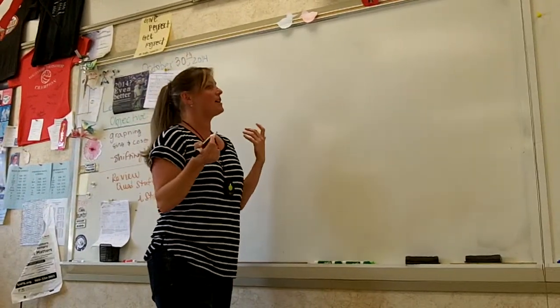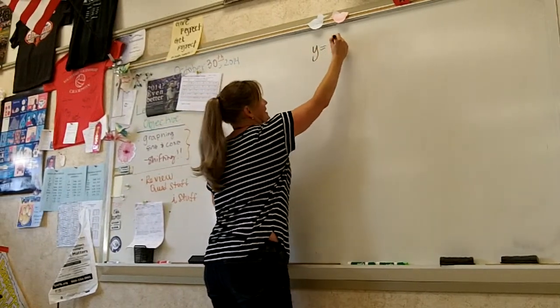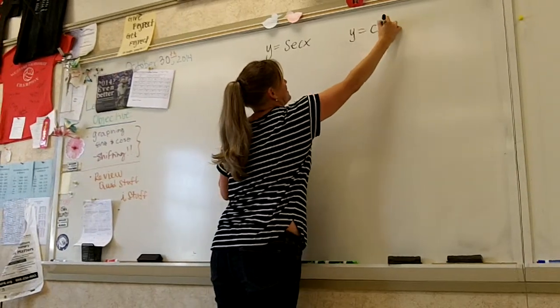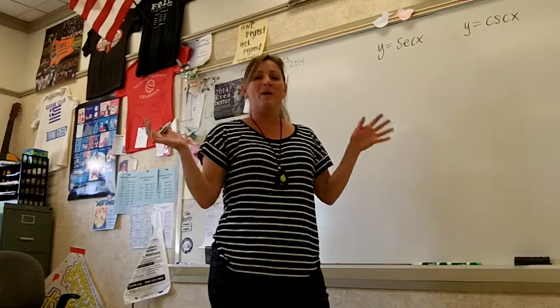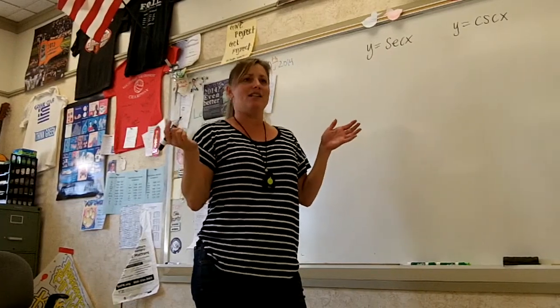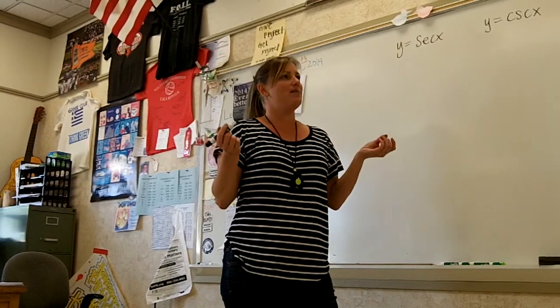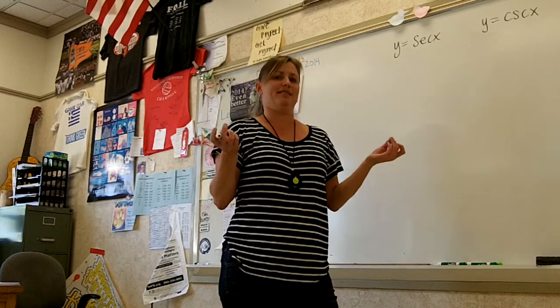Okay, so today we are going to talk about graphing y is equal to secant x, and we are also going to graph y is equal to cosecant x. Now, these are really weird graphs. If you think about it, take out your calculator and graph it and just see what they look like.